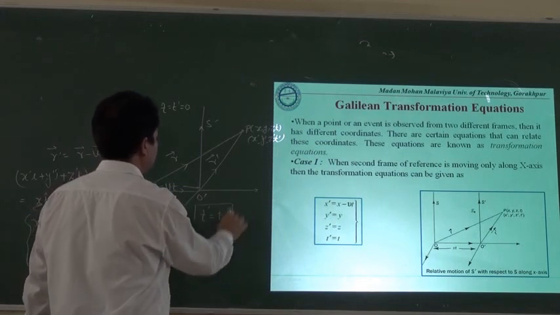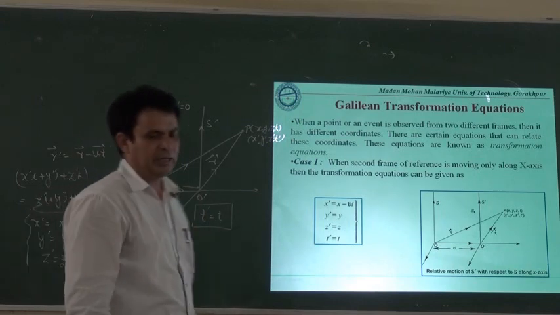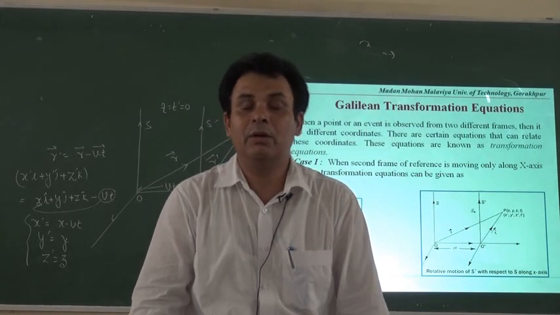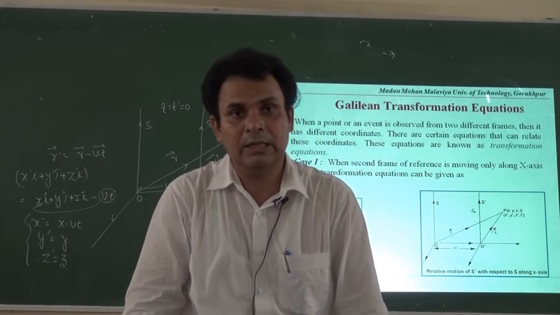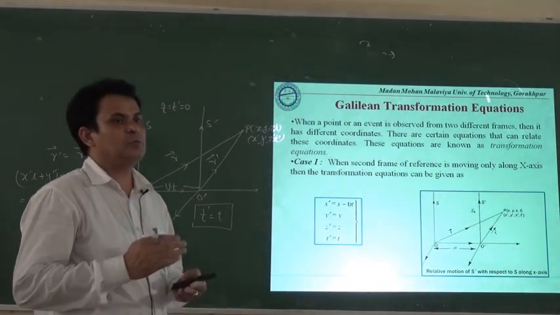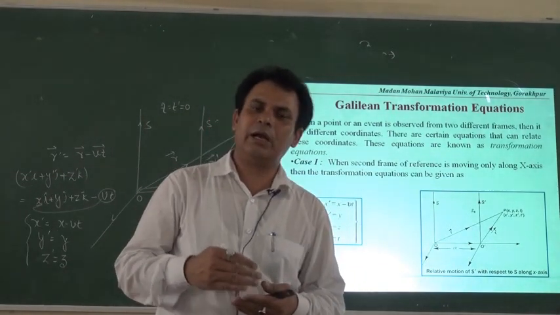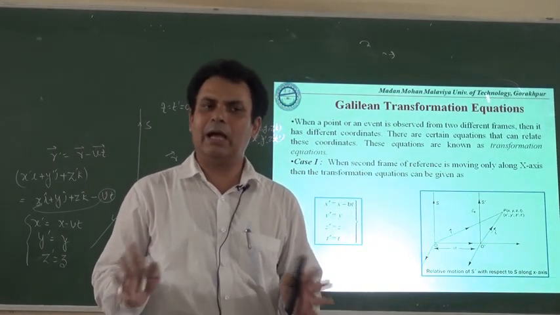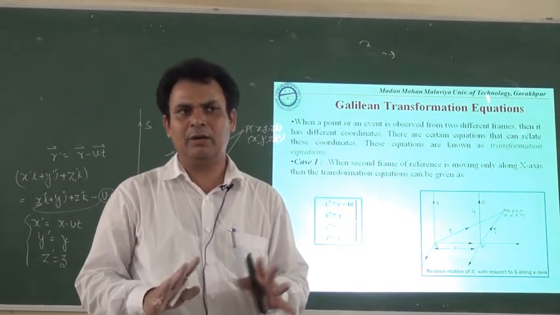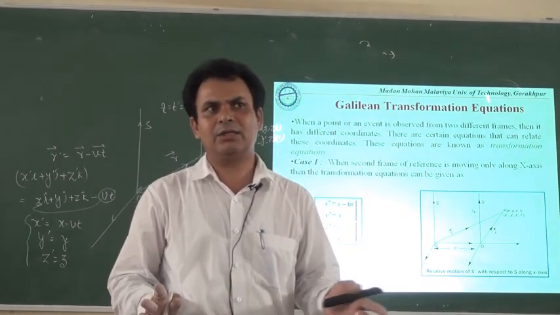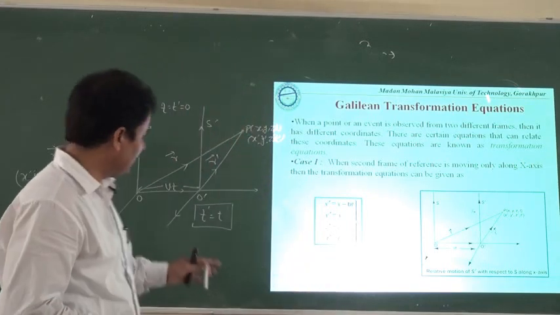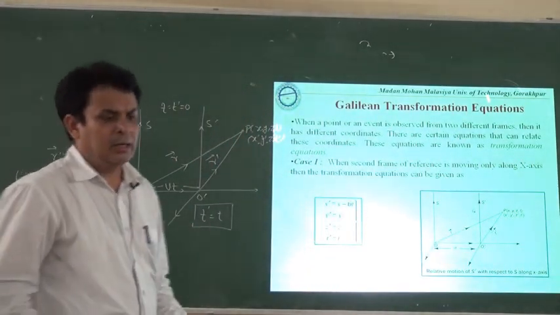There is no need of any change in the time that has been measured by the observers O and O dash. Why has he stated this? Because in his concept, space and time are both independent of each other. They have nothing to do with describing the relation between t and x, t and y, t and z, etc. That's why he put it independently.